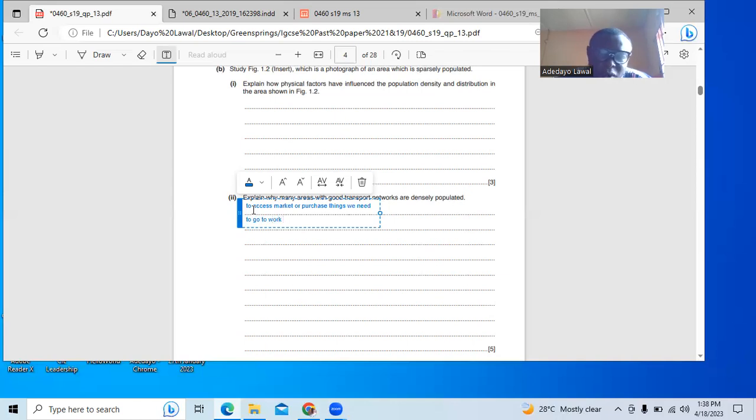So this question says, why is it that when you have it, there will be a dense population? So let me phrase it properly. That means it is easier to go to work and come back.